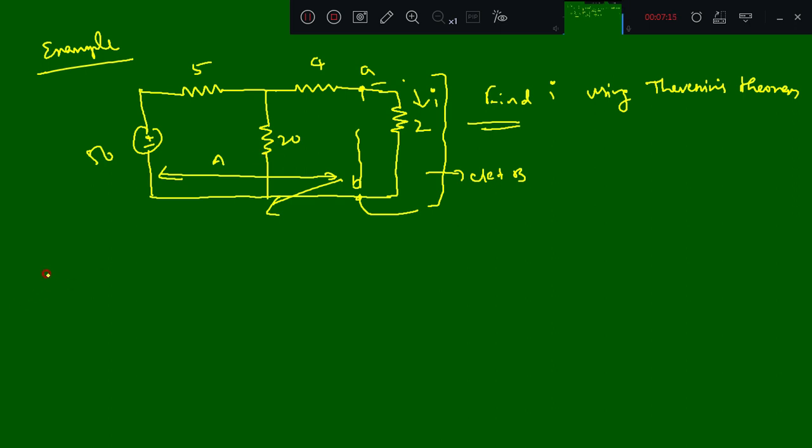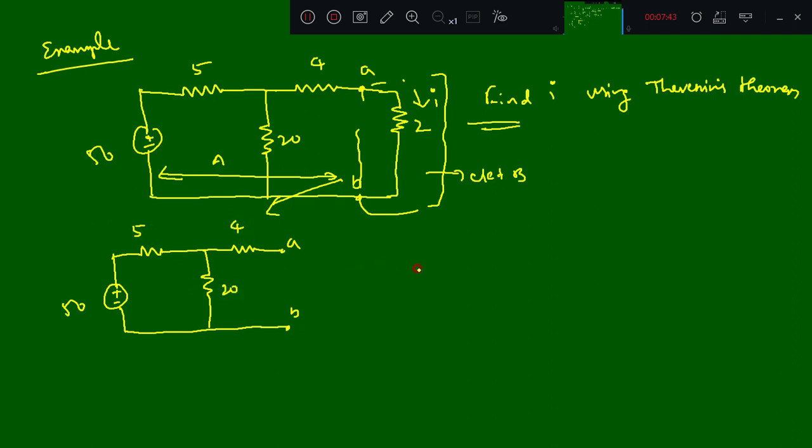So first I will find the VTH. To find VTH, I have a circuit like this: 50, 5 ohm, 4 ohm, 20, and here A and B.